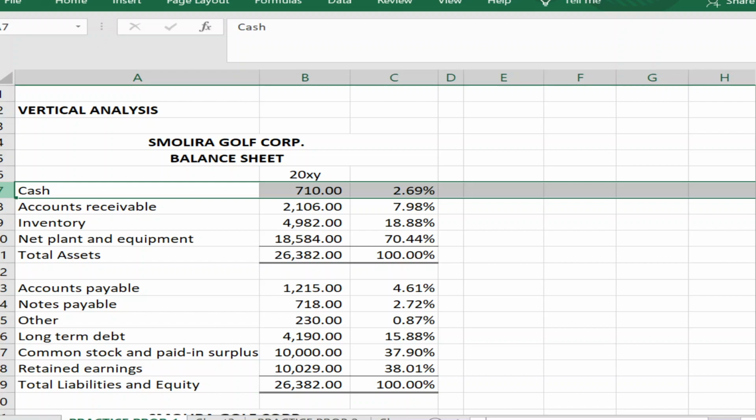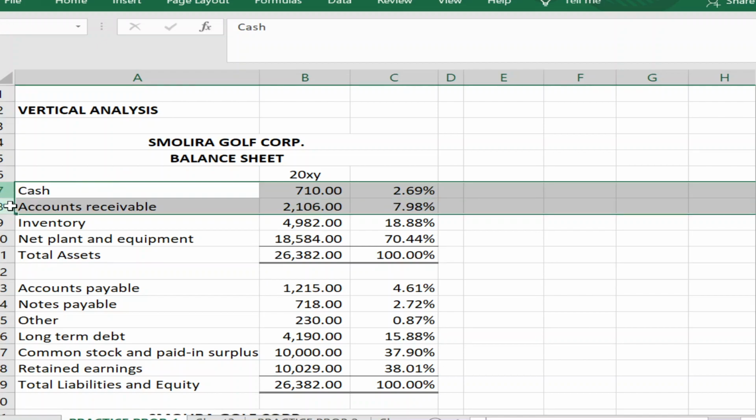So by this given ratio, we can say that it has low availability of cash. And even though we have these accounts receivable, which we can use to pay for our debts, we cannot really guarantee that all of these accounts receivable will be collected in time before these creditors demand payment.